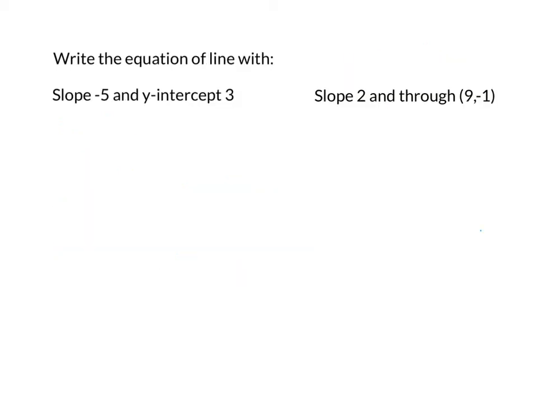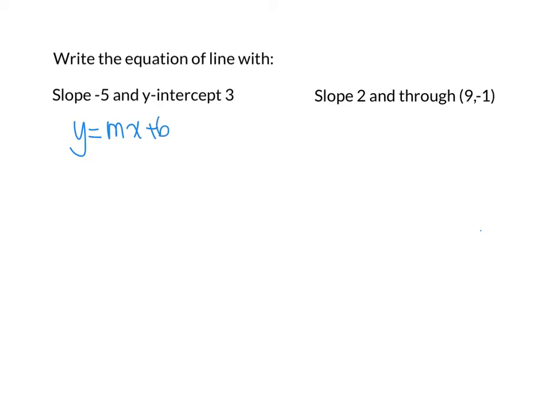So now we're looking at writing equations of lines given certain things. So if I was given a slope and a y-intercept for this first example, I know that the form that deals with slopes and y-intercepts is the slope-intercept form. So I know I'm going to have to use the form y equals mx plus b.